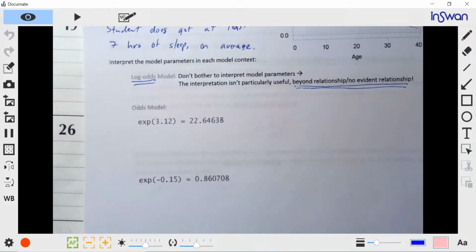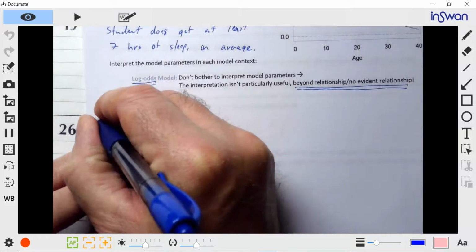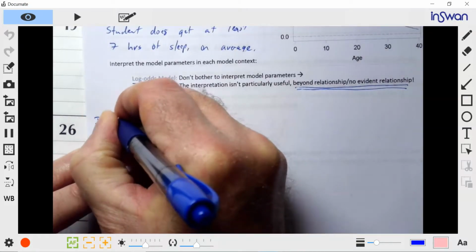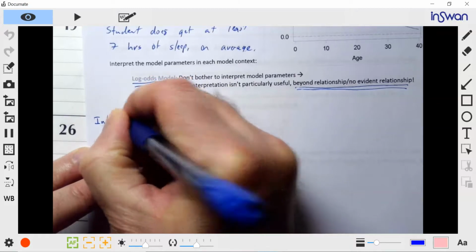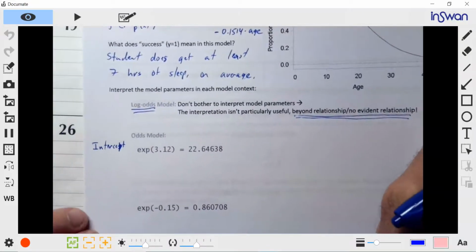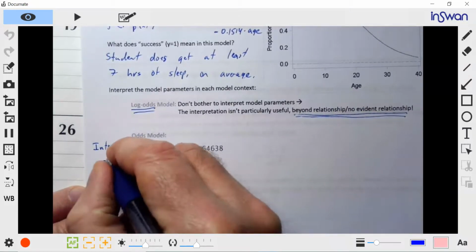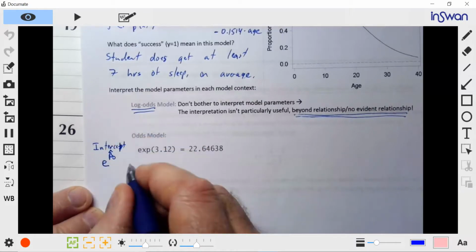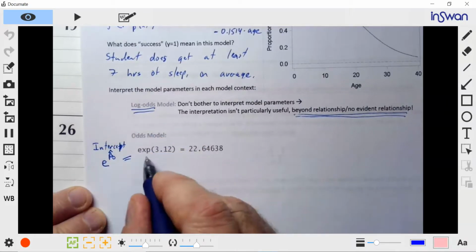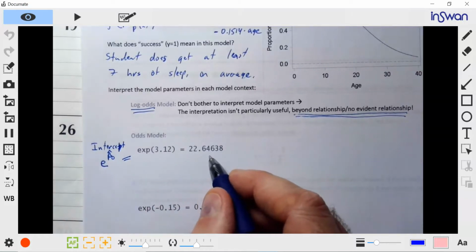But now let's think about the odds scale. So if we want to think about the intercept, remember that our estimated intercept was 3.1186, which I'll just round to 3.12 here. And if we want to convert to the odds scale, we can take e to the beta 0 hat, which is what I'm doing here, e to the 3.12, which is 22.646.